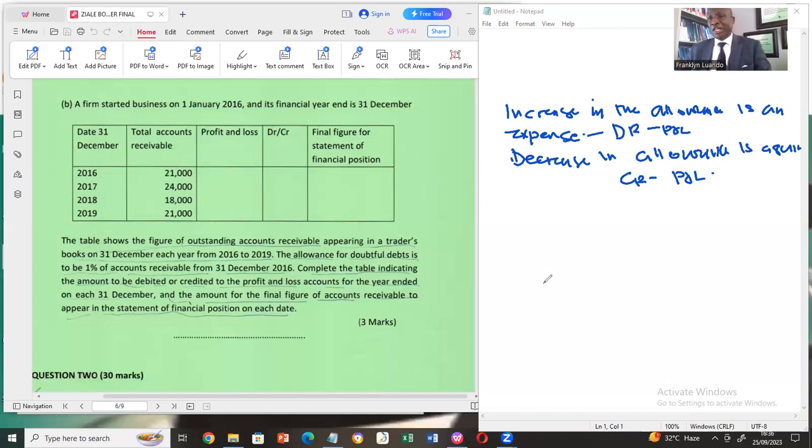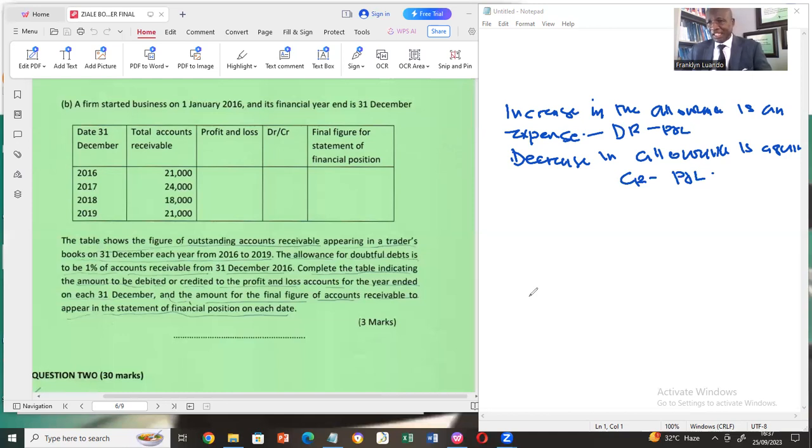Now, I want you to understand another concept which is very important. Bad debts written off are those debts which have been outstanding for a long time and they have not yet been paid. So the entity may decide to write them off.